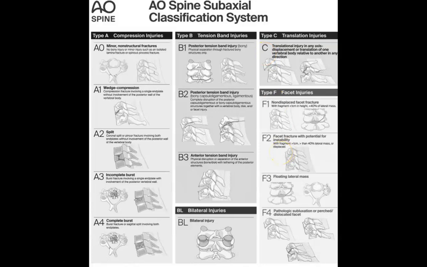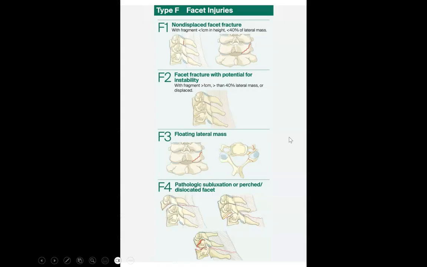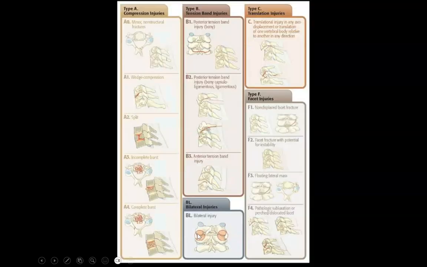It's a bit complex, but the Germans say it's very easy, so you have to trust them. Another F1, as we said, fissure with no displacement, big fissure or involvement of more than 40%, potential for instability, cut, totally cut from the pedicle and from the lamina. We have a floating facet, and F4 if we have complete subluxation or dislocation.